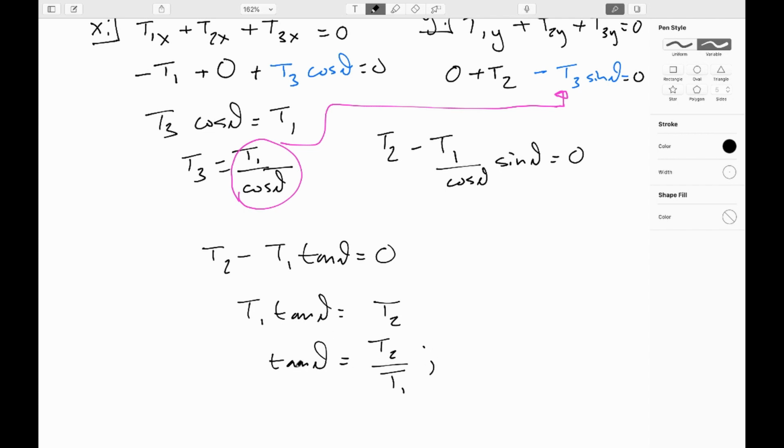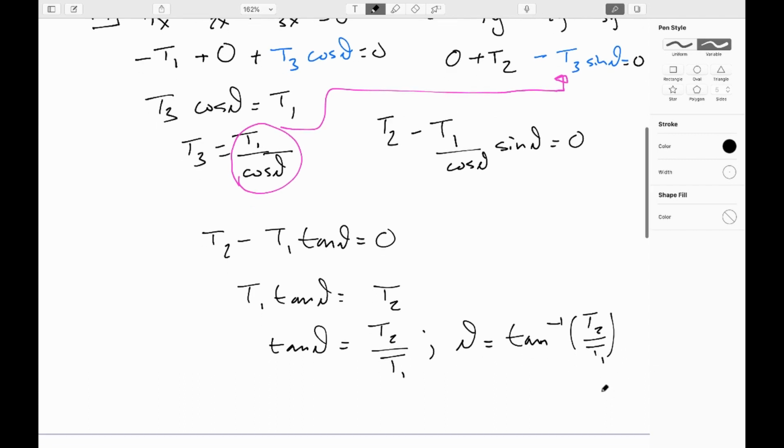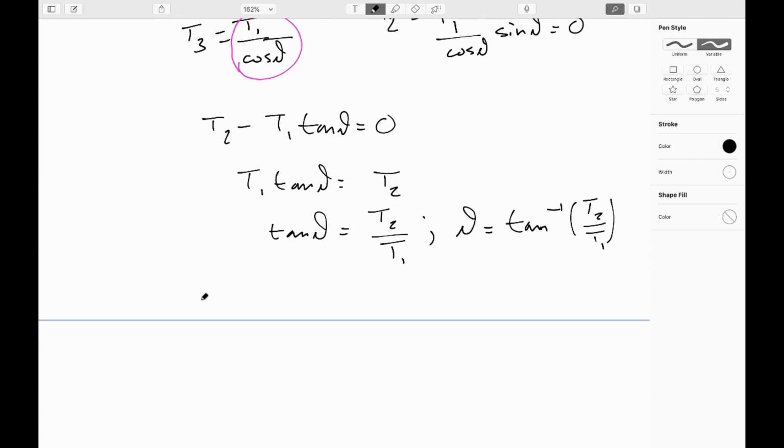To get theta by itself, I need to take the arctangent of both sides. So the arctangent of the tangent of theta is theta, leaving me with the arctangent of T2 over T1. All right, but we can figure that out. So theta will be the arctangent of 100 newtons over 100 newtons.